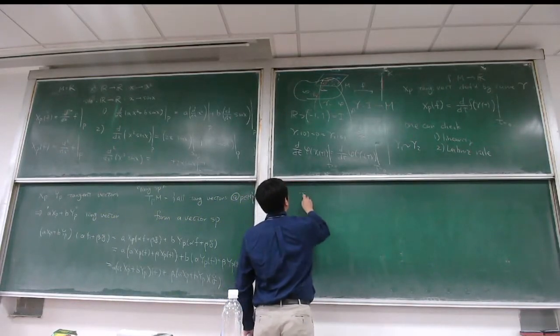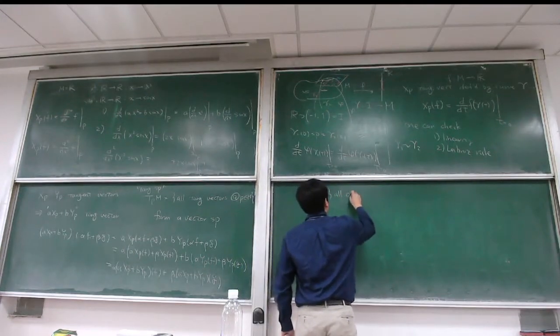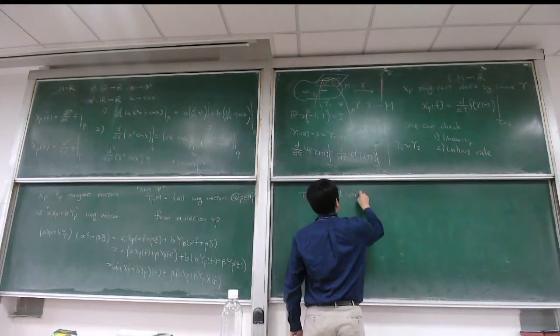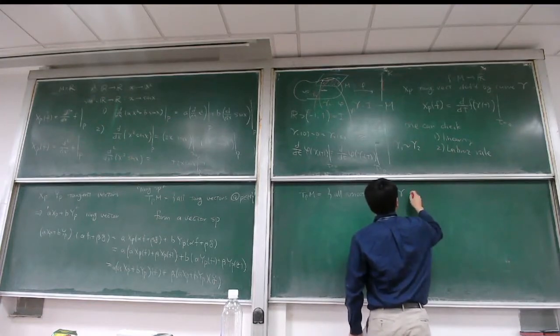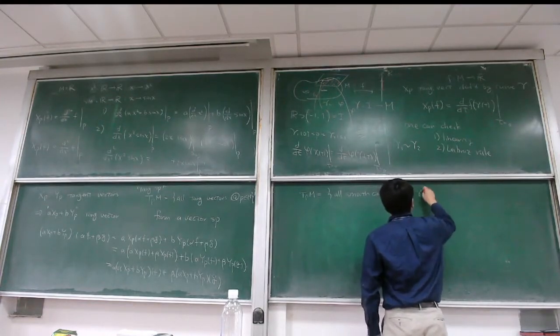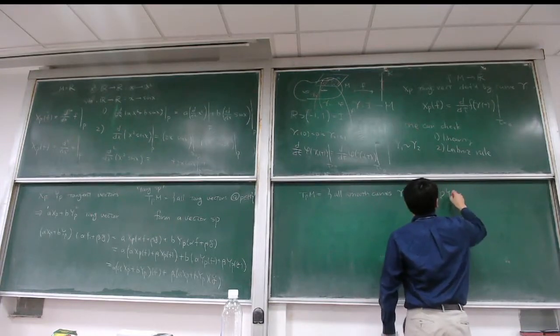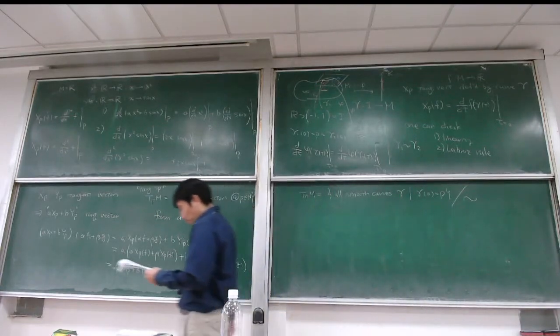So the tangent space can be all smooth curves gamma such that gamma of 0 is P, modded out by the equivalence relation.